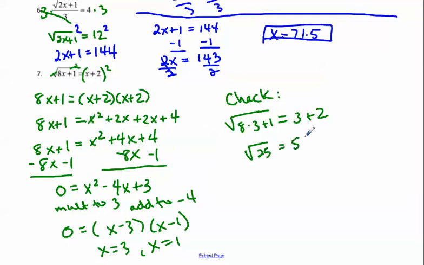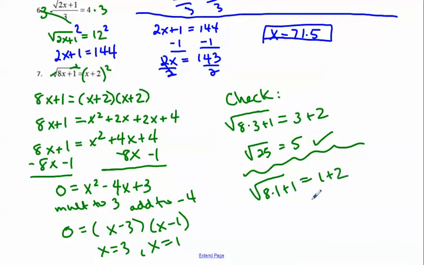Well, this is true. Let's check the other answer, 1. Square root of 8 times 1 plus 1 equals 1 plus 2. So this is going to be square root of 9 equals 3, and that also works. So I have two solutions. They're right here.